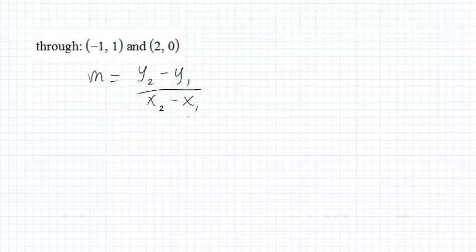I can find the slope of this line. So the slope of this line is negative 1/3.